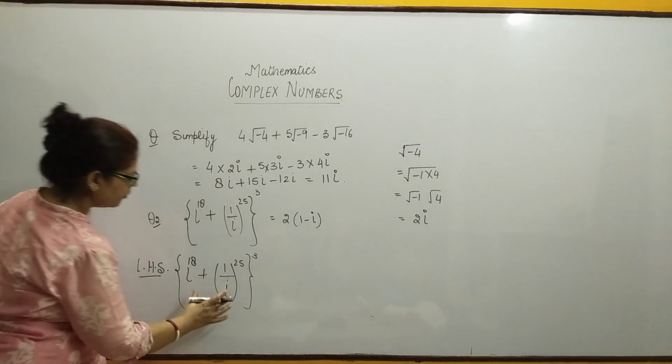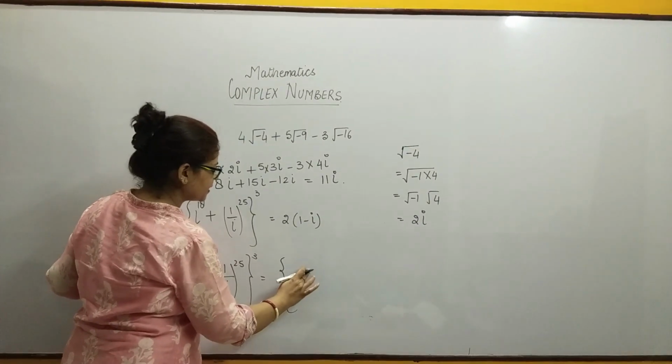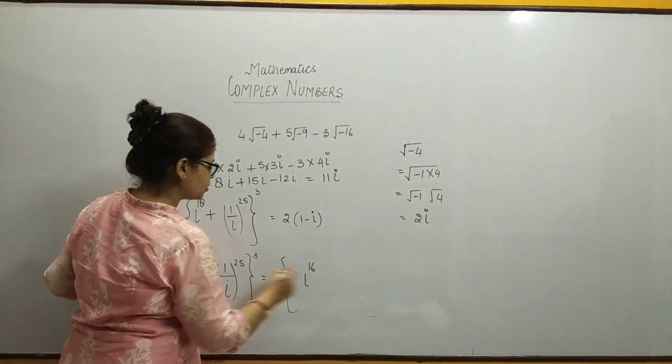First, simplify the inside terms. i raised to the power 18, as you can see, when you write in multiple of 4, it can be written as i raised to the power 4 4s are 16. So 16 plus 2.